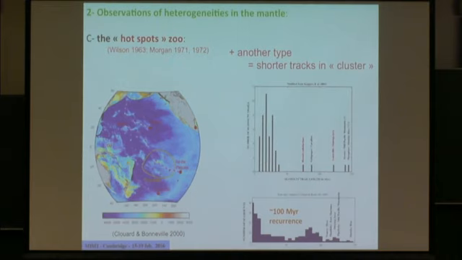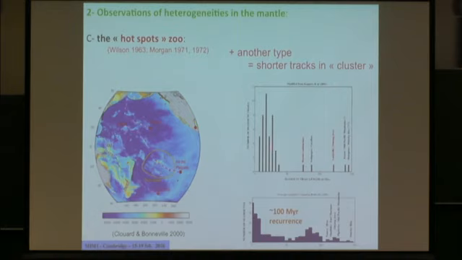But if you look at intraplate volcanism, in fact, you have another family of volcanic tracks, much shorter tracks. So here it's the number of seamounts in the volcanic track as a function of their length, their duration in volcanism, and so you have all the long tracks I was telling you about.